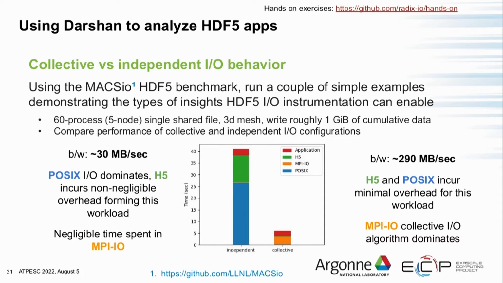And you can see that MPIO in this case is a lot more a part of the I/O runtime. That makes sense because collective I/O is what's dominating here, but that's exactly what you would want in this case. So collective I/O is able to use communication to generate really optimized accesses to the POSIX layer. So it's a trade-off that you're obviously really happy to make.